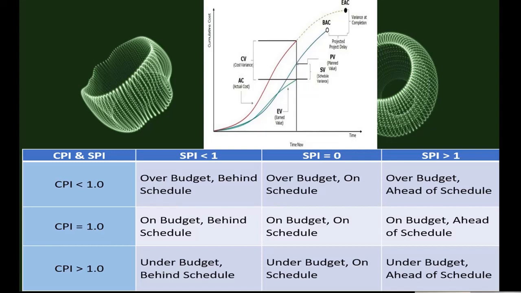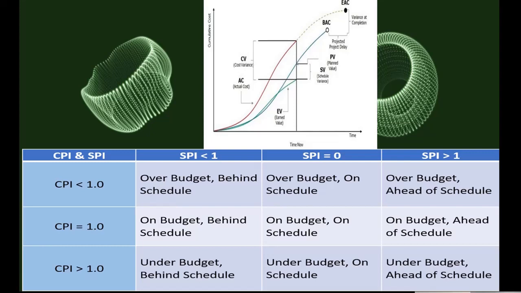And CPI greater than 1 means under budget. And if SPI equals 1 and CPI equals 1, it means everything is on budget and on schedule. And if CPI less than 1 and SPI less than 1, it means over budget, behind schedule.